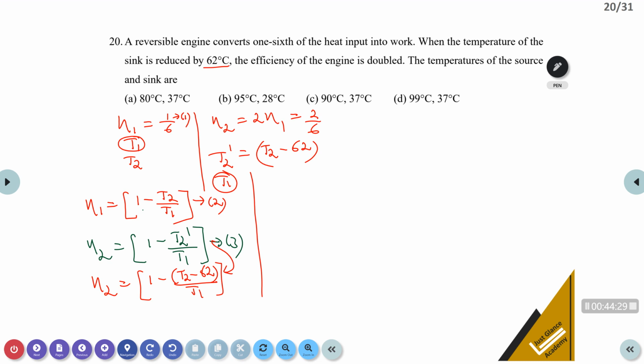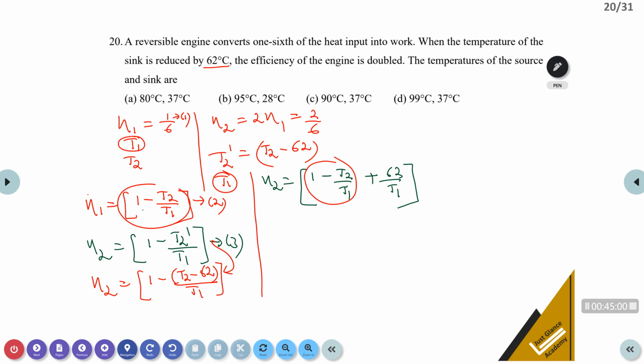Now simplify it. Eta 2 equal to, can I write like this? Expansion: 1 minus T2 by T1 plus 62 divided by T1. Students, you see this part, 1 minus T2 by T1 is nothing but eta 1.